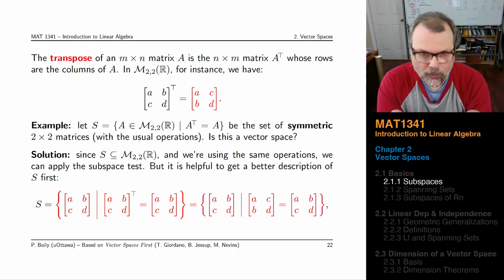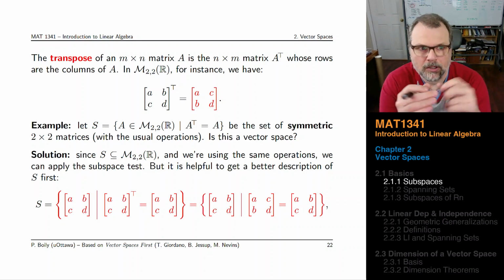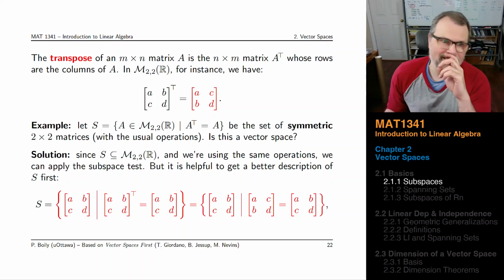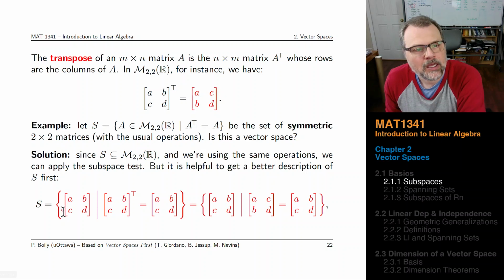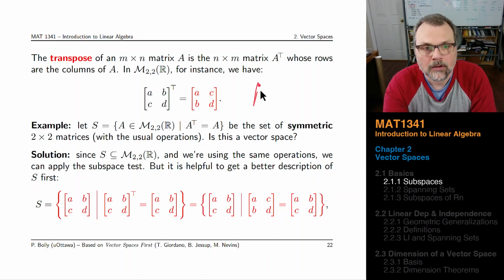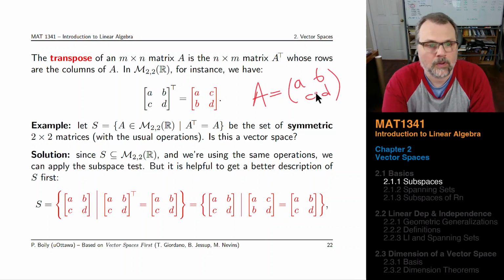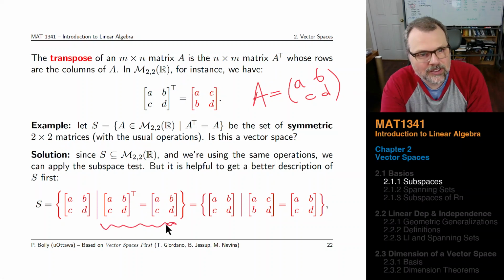But before we get carried away, it might be useful to have a better description of the set S. Right now, S is written using letters for matrices. But we know that these are 2 by 2 matrices, so S looks like a set of square arrays [A, B; C, D], where the transpose should be equal to itself. That's the condition. All I've really done here is replace A by [A, B; C, D]. Why am I doing this? If I write this properly, I can simplify the condition a little bit.